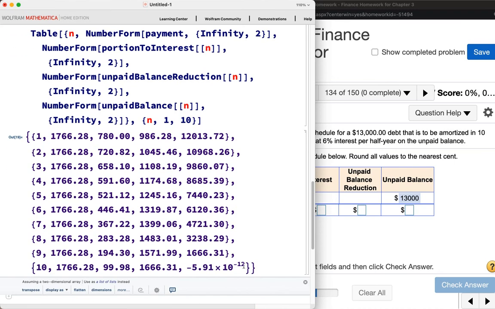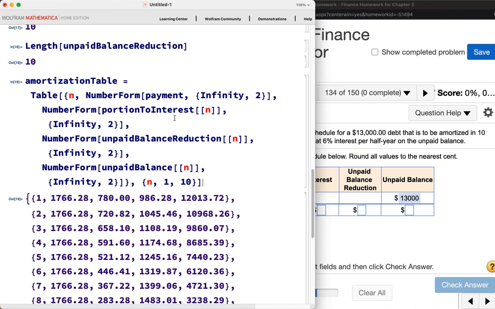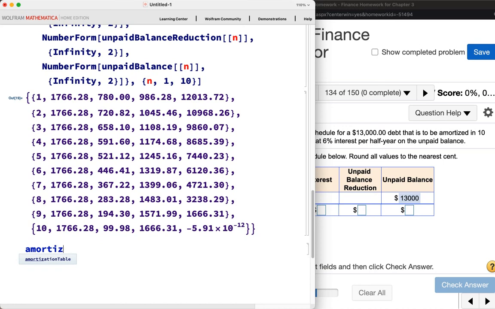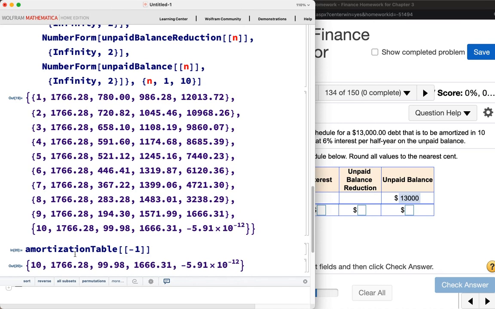Everything looks good. This here, I'm not crazy about this. This should really be 0. That should really be 0. So I can change that, it's easy enough to change. So what I'm going to do is amortization table. Okay, that gives me the last row.